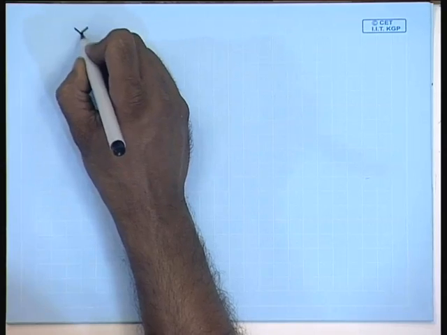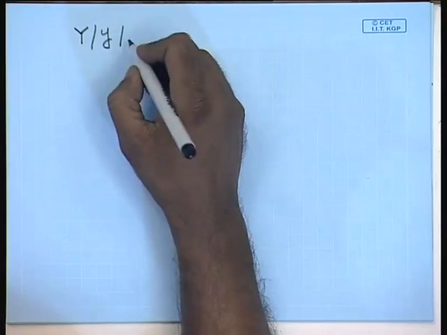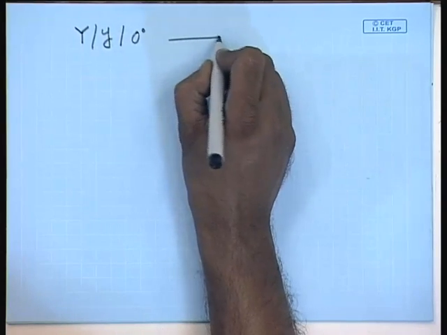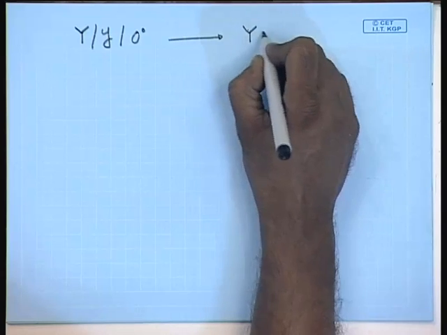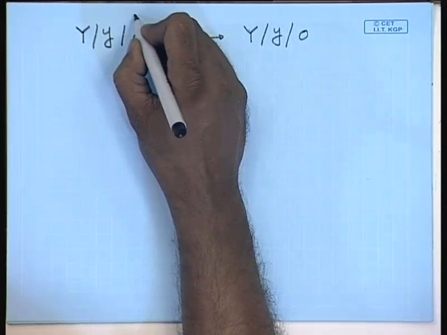actually the phase groups can be specified either in terms of phase angle or in terms of clock number. Therefore, for example, this Y 0 degree can also be written as Y 0. This is the phase angle.